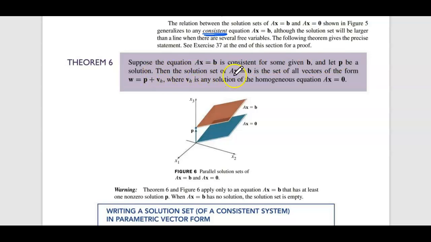Then the solution set of Ax equals b is the set of all vectors of the form P plus vH, where vH is a solution to our homogeneous equation. So again, P here corresponds to our b. vH corresponds to our homogeneous solution, which is what the H stands for. And that's going to be some type of parametric form, because in order for the homogeneous equation to have a nontrivial solution, remember there has to be at least one free variable.